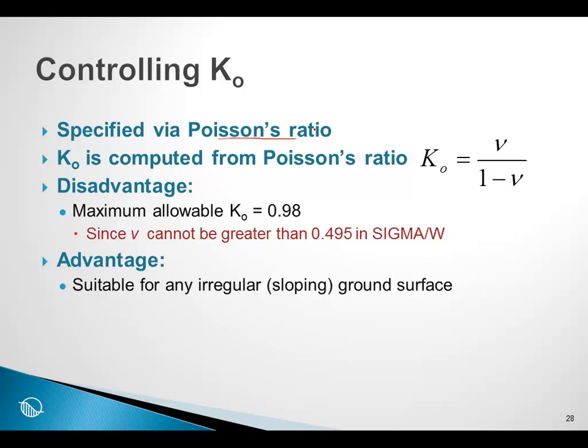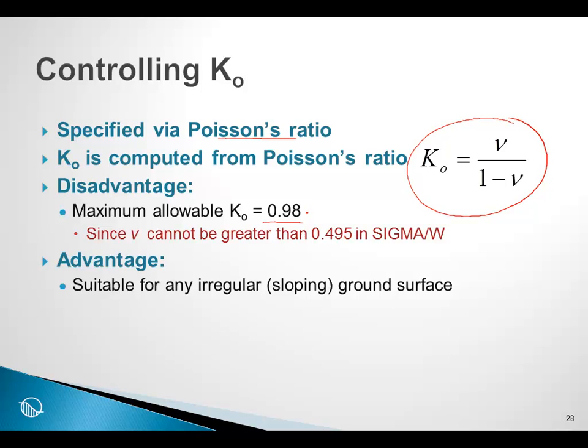and when we specify a Poisson's ratio, we compute K0 from this equation which we just talked about a few minutes ago. The disadvantage of using the Poisson's ratio to control K0 is that the maximum allowable is a K0 of 0.98.